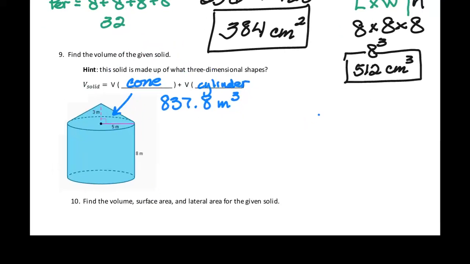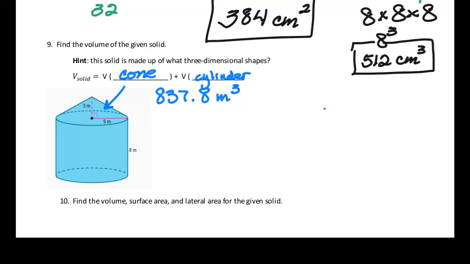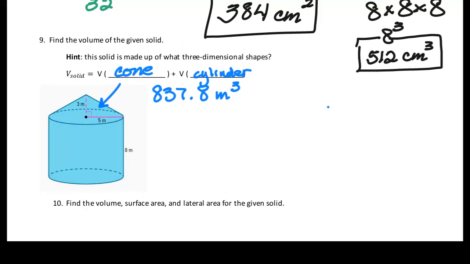All right, so this is a composite figure made up of two individual three-dimensional figures added together. The top part, when you have the parentheses there, make sure you write down the word. So this is the volume of a cone on top and the volume of a cylinder.